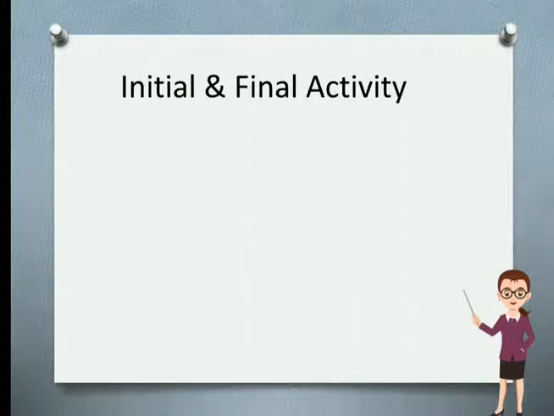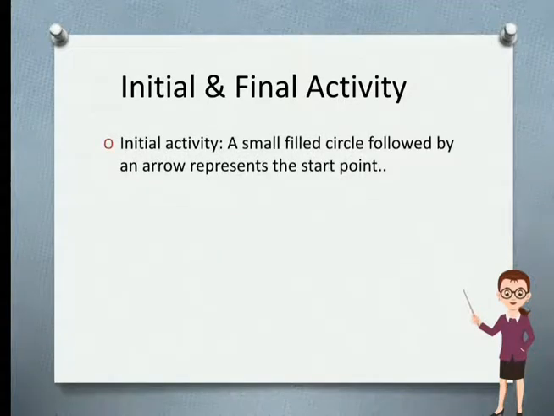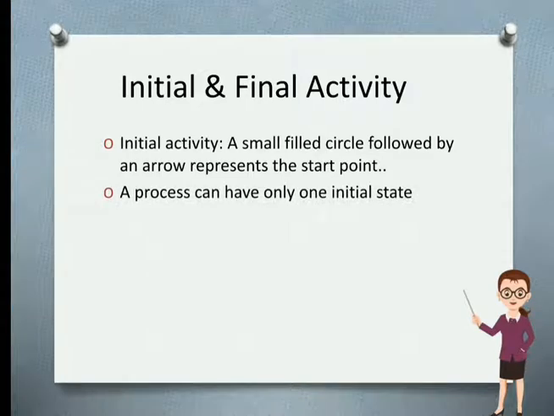The next important thing required to start an activity diagram is the initial and final activity. To start the activity diagram, first we have to start with the filled circle. The notation for initial activity is a filled circle. So the initial activity is represented with the help of a filled circle followed by an arrow, which represents the start point.